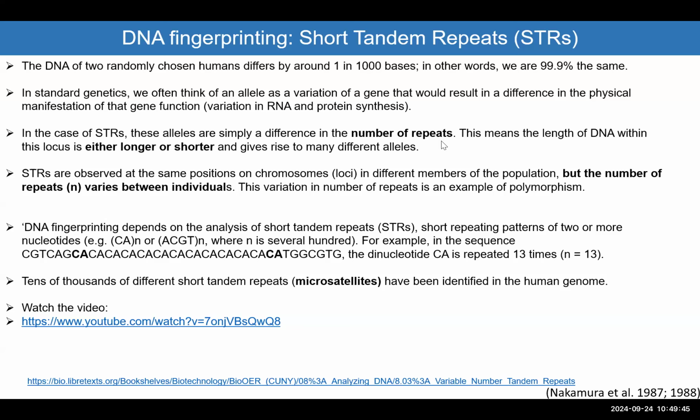That is another type of polymorphism. A concrete example I wrote for you here is a sequence in which the CA has been repeated 13 times. This can be a polymorphism that you can use to differentiate between two different people, simply by having a probe directed toward this particular sequence.